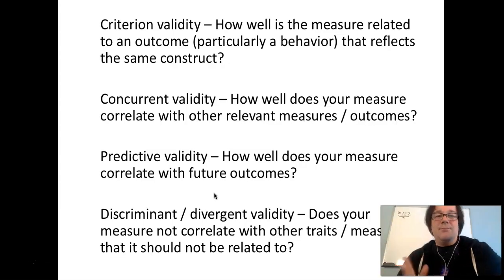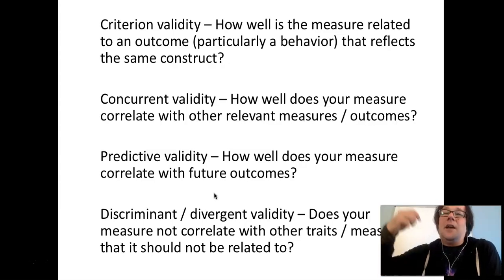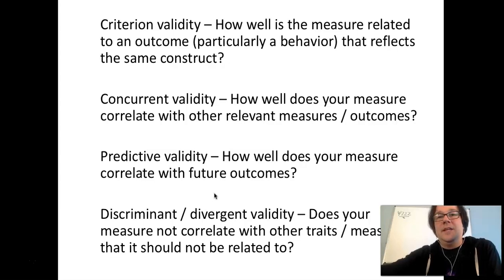So we'll kind of treat them the same way for this class, but predictive validity might be more in terms of how well your scale would measure how someone will perform in the near future.